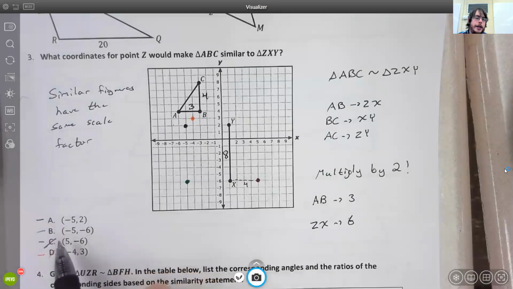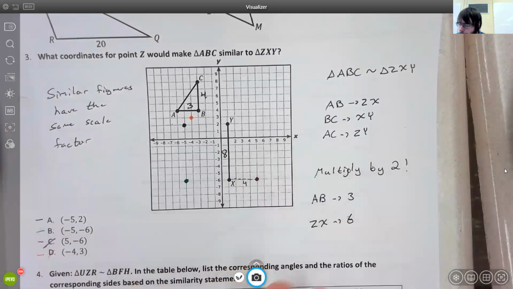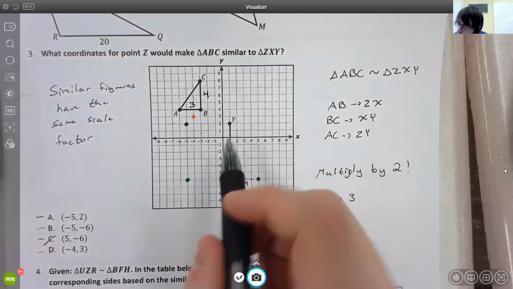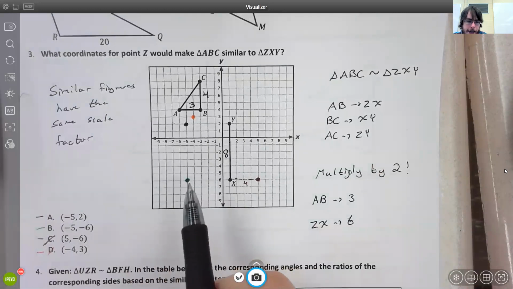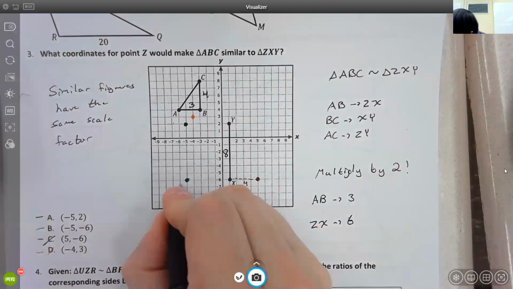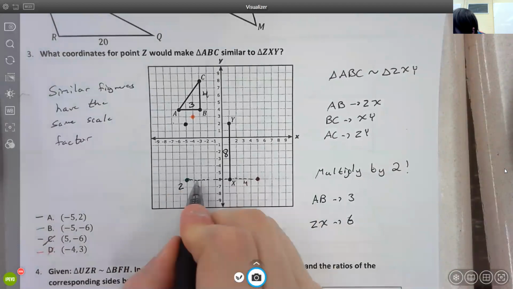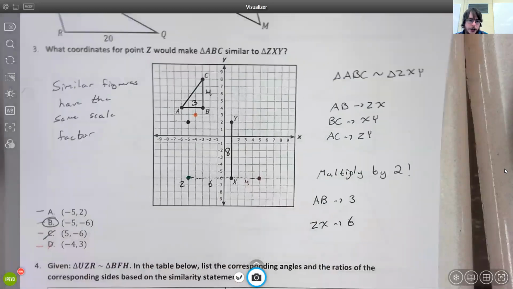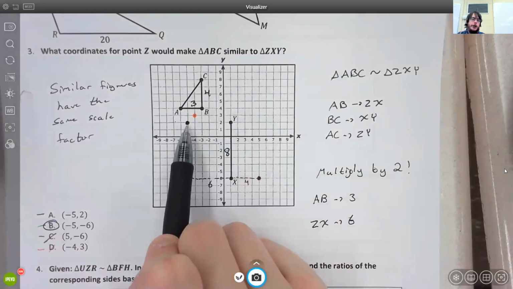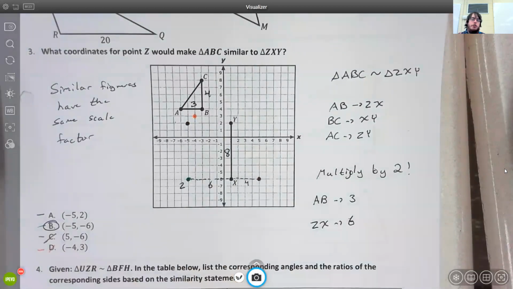So let's look at our green, which is down here, and our purplish that's up here. Well, it's Z, which needs to be connected to X. But it needs to be a straight line connected to X. Well, Z, right here in the green, would connect in a straight line to X, and it's 1, 2, 3, 4, 5, 6 units, which makes B our answer. If we did this point here, it would be connected to Y instead, which wouldn't match up to the similarity statement.